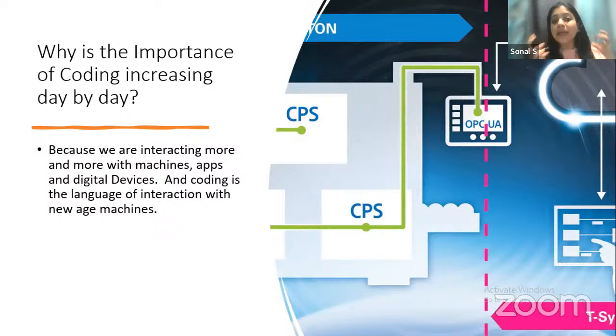Why so much importance? Because things have changed, and technology has evolved exponentially. The more we interact with machines, the more the need of knowing this technology has increased, and that's how coding has been given so much importance.